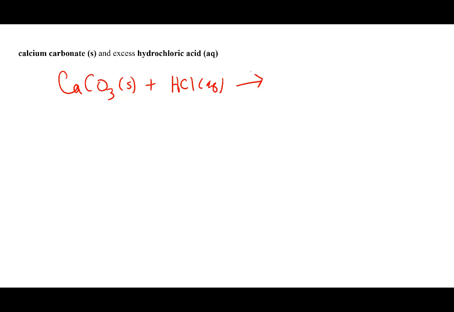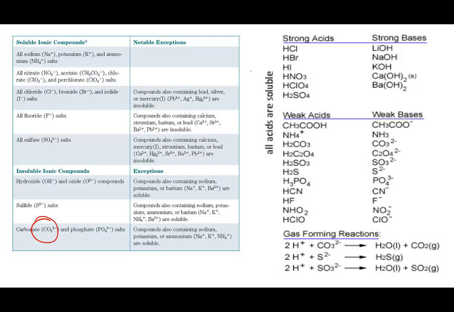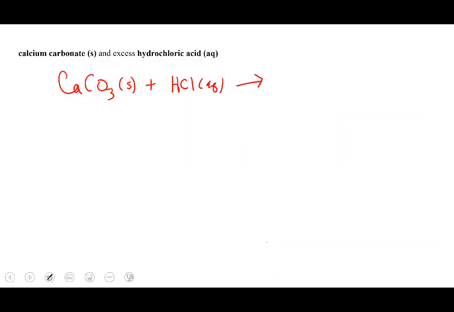Now, this is one of the reactions that's a gas-forming reaction. When you have carbonates, which are weak bases, react with acids, what happens is at first they make H2CO3, but that H2CO3 breaks up into water and carbon dioxide. So each carbonate is going to make water and carbon dioxide, but it needs 2 hydrogens to do that. And so we're going to need 2 HCl's.